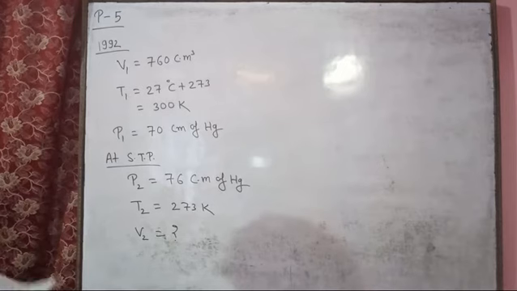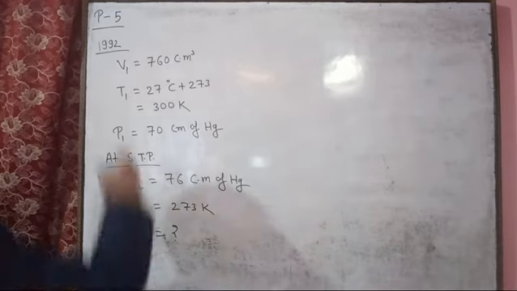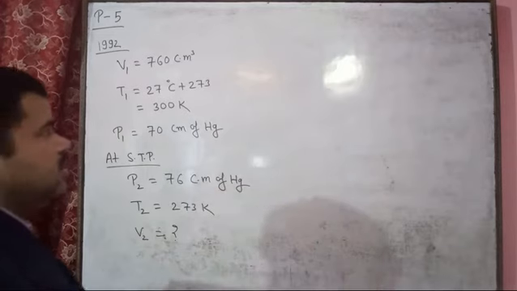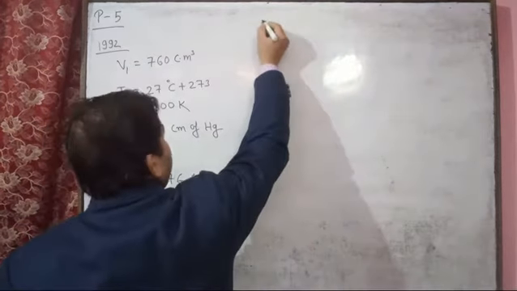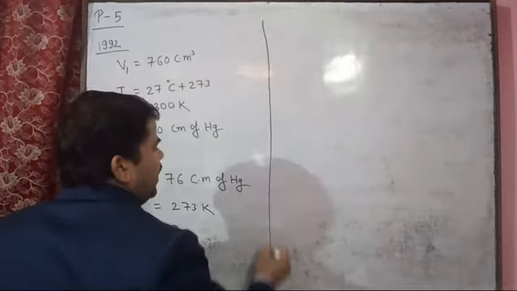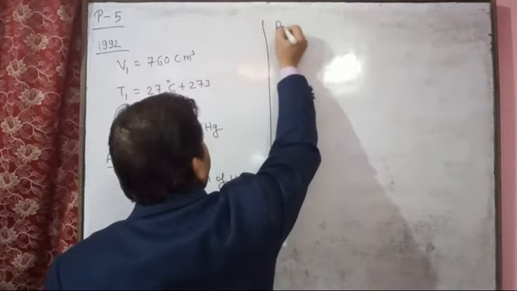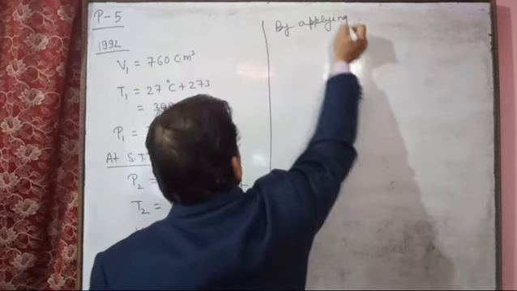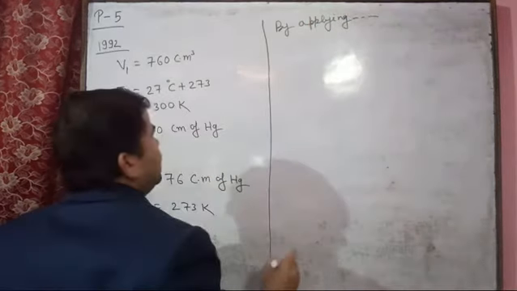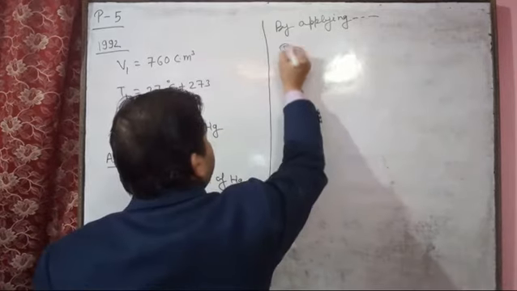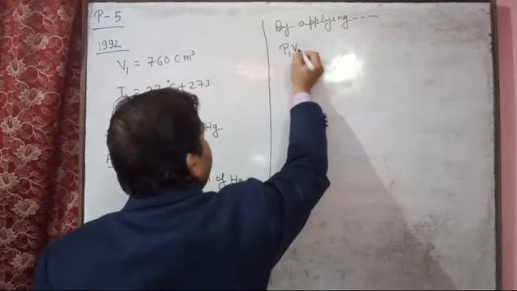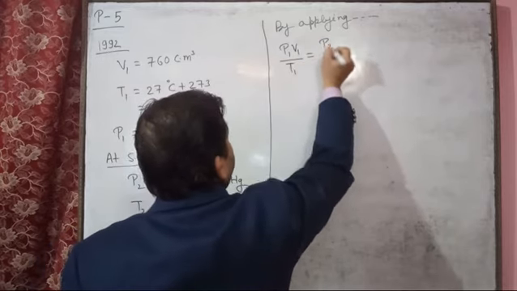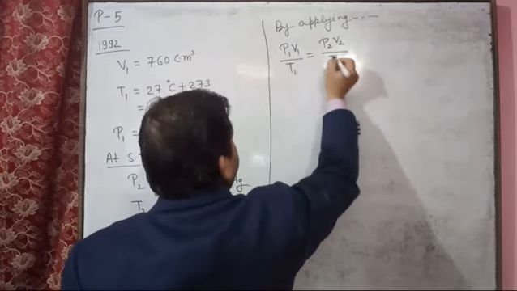So in this question we can see volume, temperature and pressure are all changing. So here we will apply the gas equation. By applying the gas equation, the formula is P1 V1 upon T1 equal to P2 V2 upon T2.